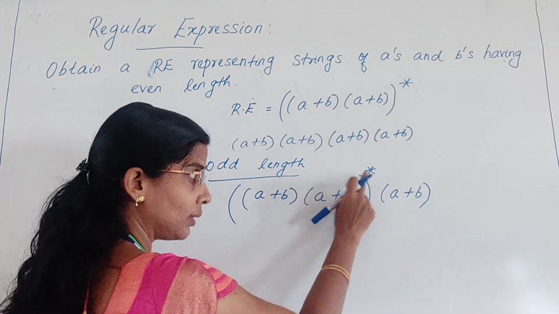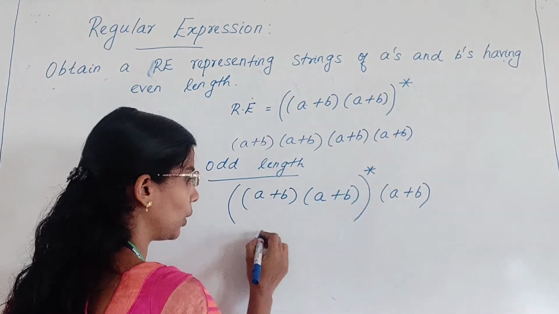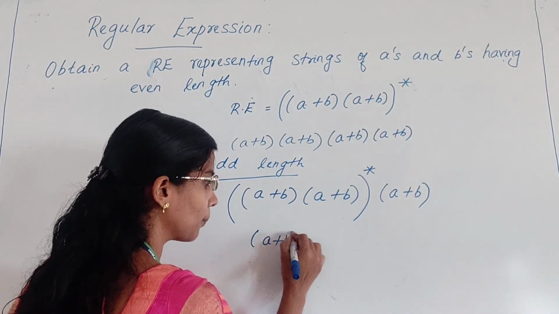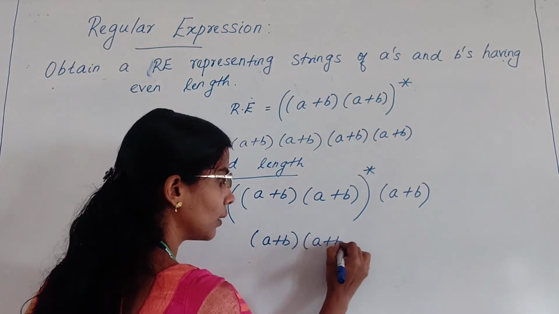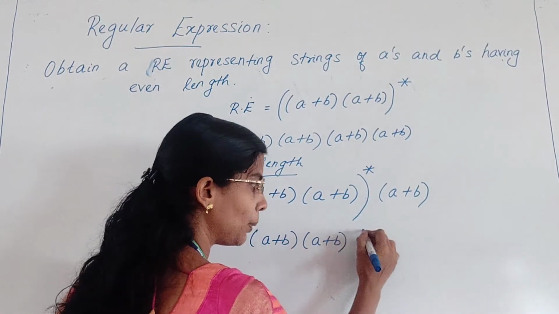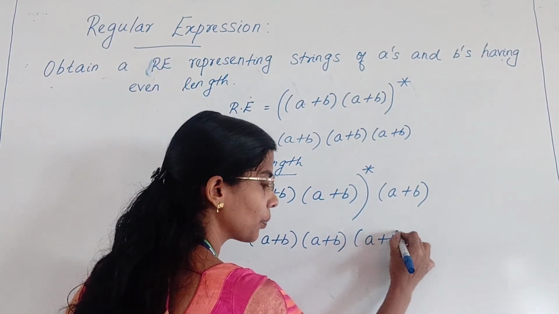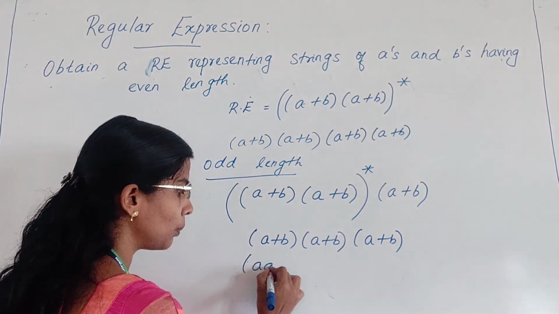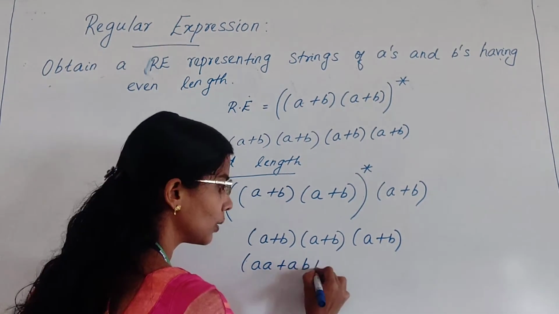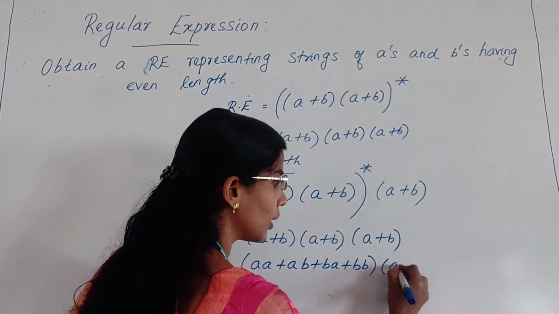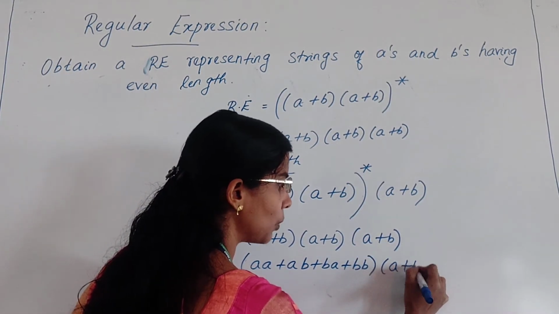Suppose the star takes 1, so I have to write this for only 1 time. With this I have this A plus B already. When I multiply these two, what are the possible combinations? Now I am writing this A plus B one more time.